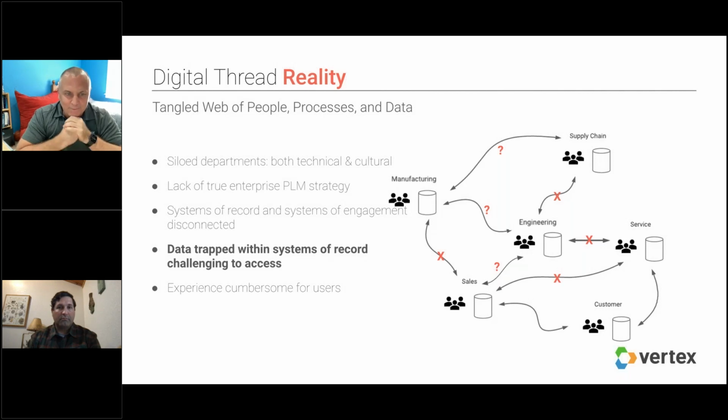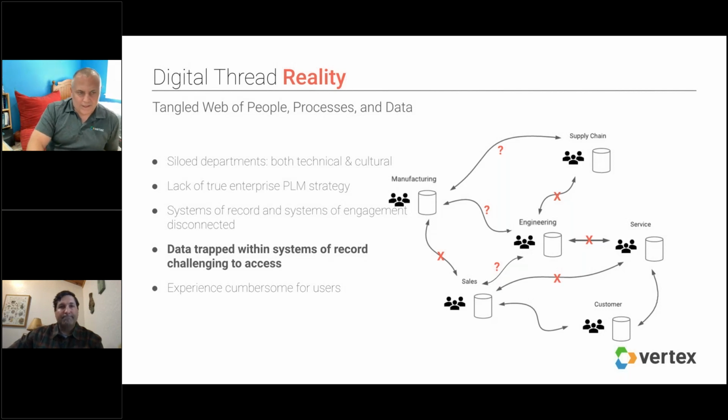Oftentimes you may have all that information available to these groups, but the process or experience for them to go get it will cause them to not want to go there. You must fix that and make it very easy for them to see what they need to see in the context of their job.